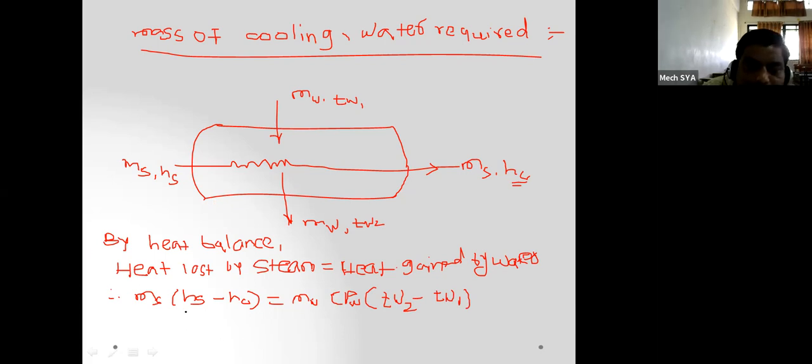Generally, if you observe the Rankine cycle here, the steam entering into the condenser at point number 2 is always wet steam. Therefore Hs we can write as Hf plus x into Hfg.